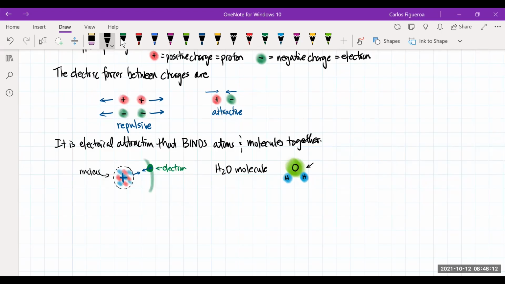You're seeing here that this is also an electrical attraction that creates a water molecule. So here we go. Now that I did that brief introduction, the question is this now.